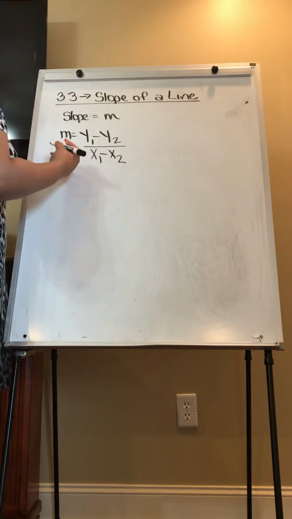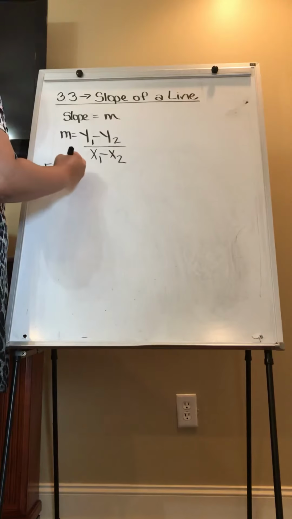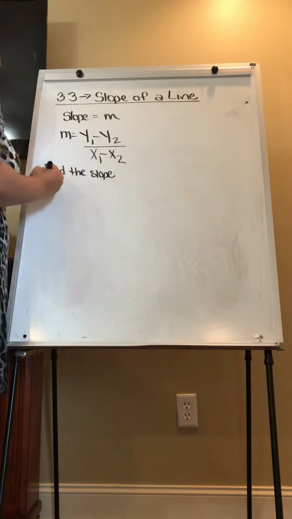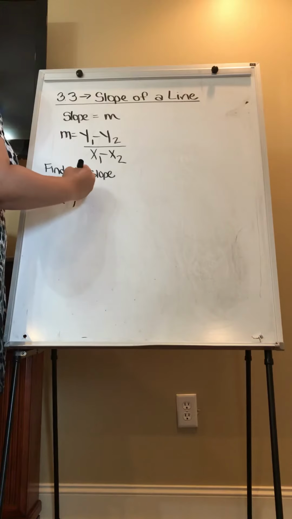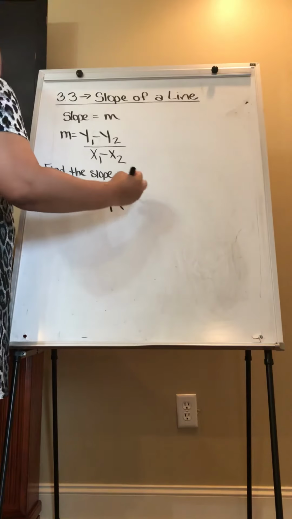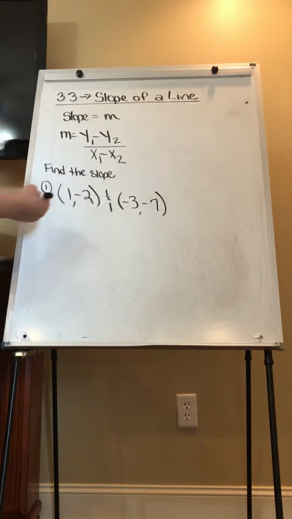So let's find the slope. If you were given 2 points, 1, -2, and -3, -7.